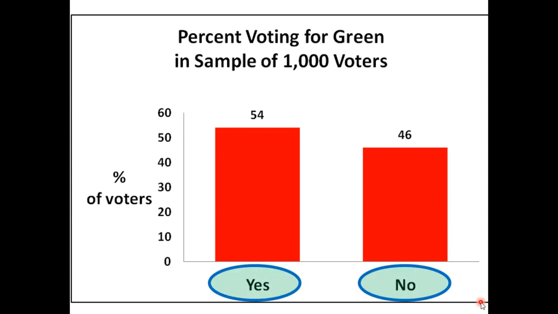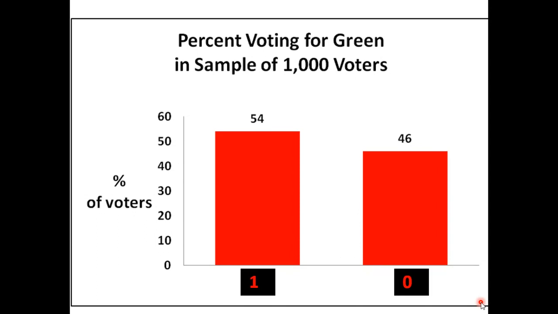The two categories on the x-axis are yes and no, but this is a dichotomous variable with two values, and a dichotomous variable can be turned into a Bernoulli variable like this. There we go.